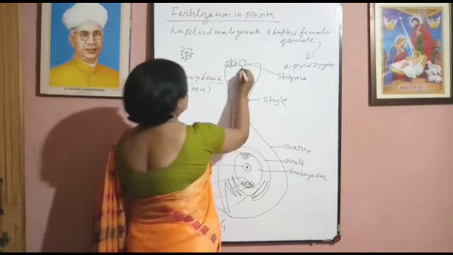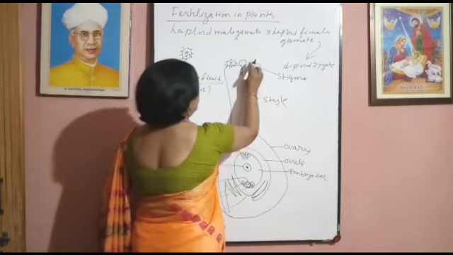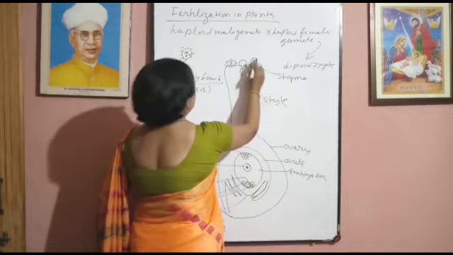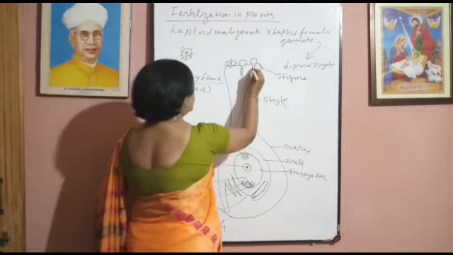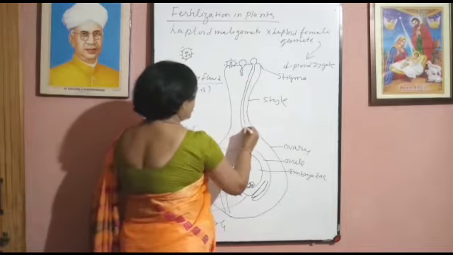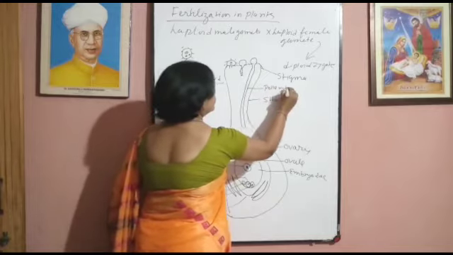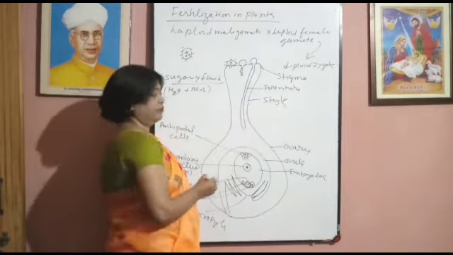and this pollen tube grows in length by getting nutrition from the wall of the style.